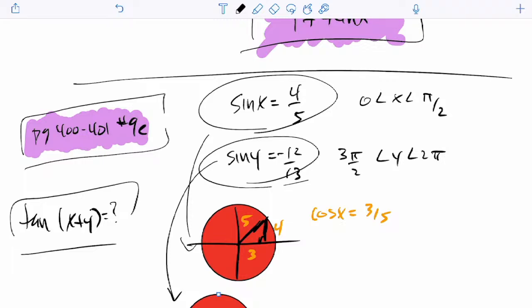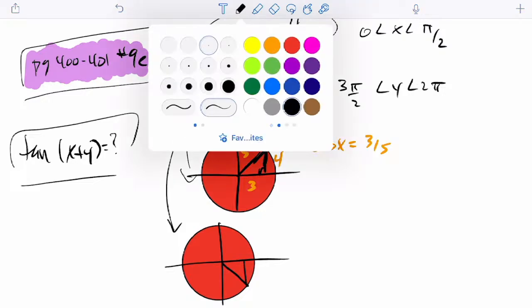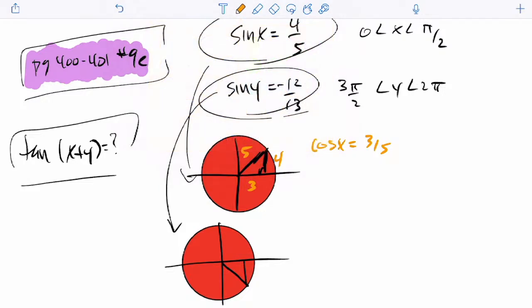Likewise, I can do the same thing for my y angle. And this time I'm in the quadrant all the way down here. Now the measure there is going to be your opposite is 12. Your hypotenuse is 13. If I want my x value here, again, I'll have to go to the Pythagorean theorem.